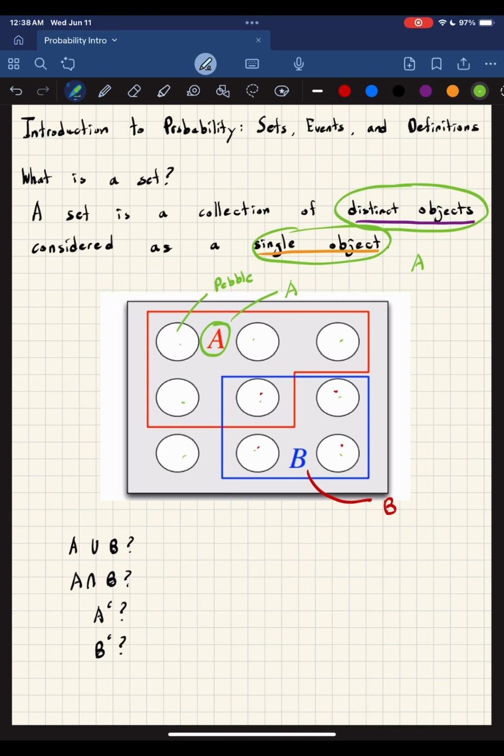Now, why are sets important? Well, in the world of probability, we can imagine that an experiment is performed. And once the experiment is performed, it can result in one out of a set of possible outcomes. So in this case, we can assume that there are 9 separate outcomes, and they have been included in a set of possible outcomes.